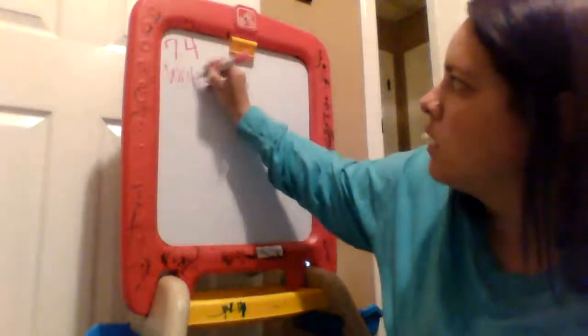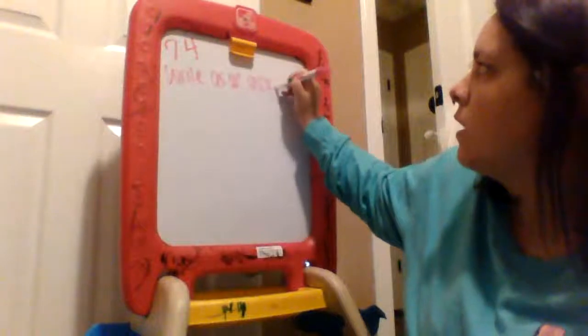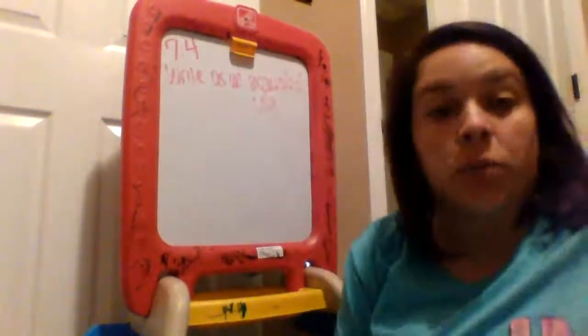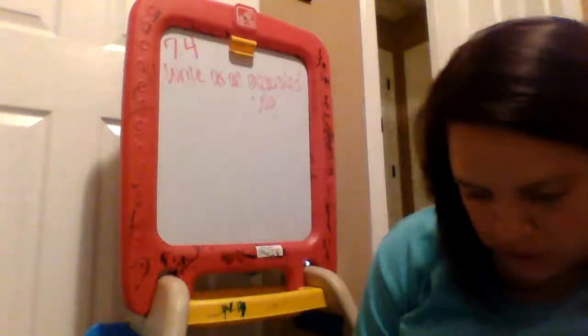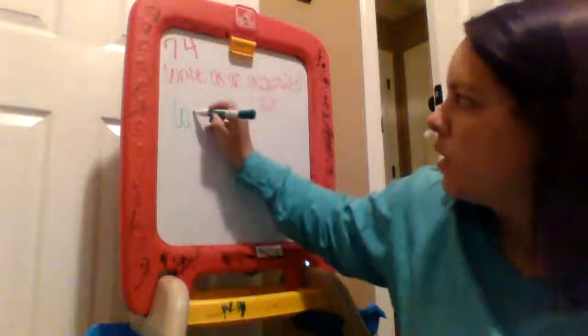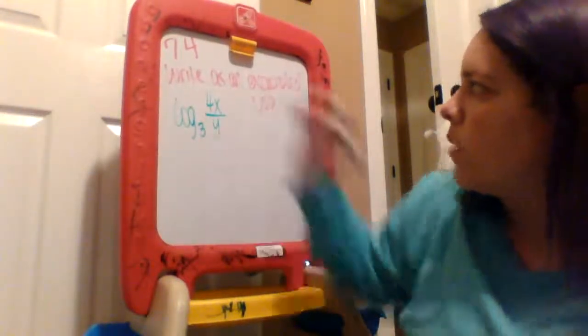All right, so this directions will say write as an expanded log. So expanded means that you're pulling it apart. You're making it bigger. All right, so let's look at log base 3 of 4x divided by y.